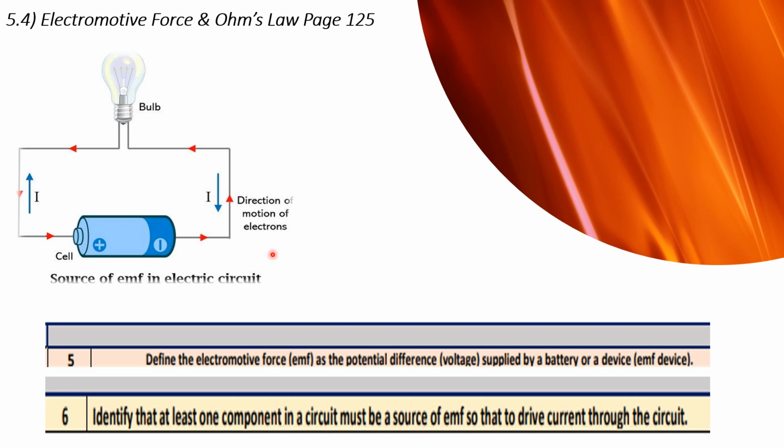So the EMF, or the battery, is like the heart, where the heart is pumping the blood into the body. The battery also is pumping the charges into the wire. So there is no circuit without a battery. The battery is an essential component of the whole circuit.